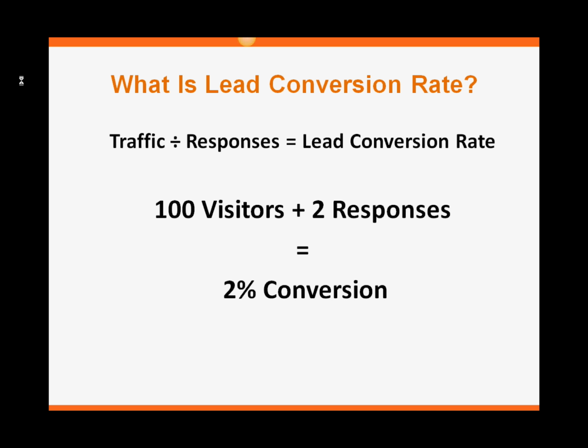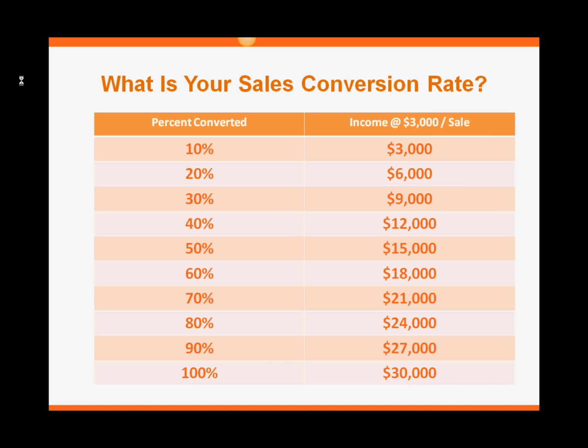Divide that by the number of people who actually contact you, and that gives you a lead conversion number. And then you take that number and see, of those leads who contact you, how many of those actually become clients or customers? And then that is the sales conversion number.